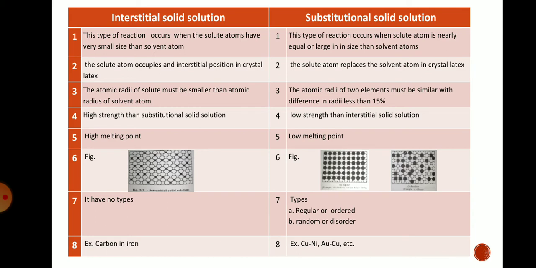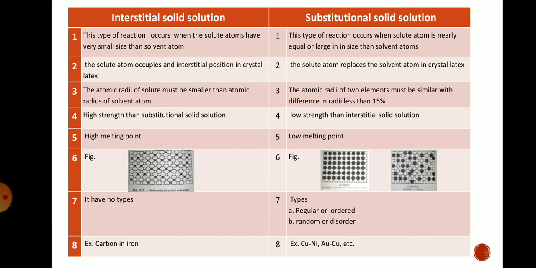Third difference point, the atomic radii of the solute are similar to the atomic radii of the solvent atom. The atomic radii of the two elements must be similar, with the difference in the radii less than 15%.